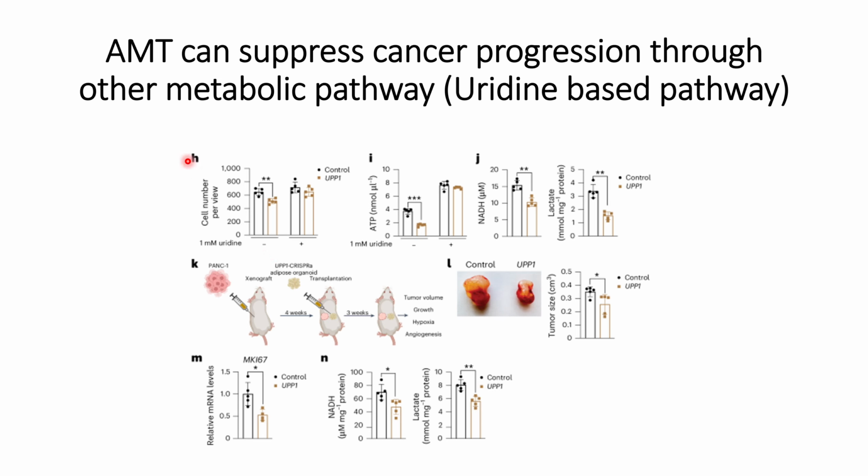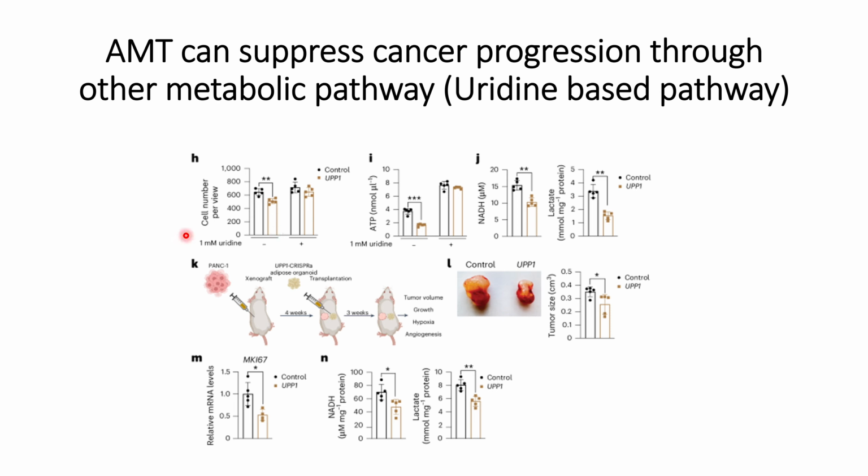So when they co-cultured those manipulated adipose with the tumor cells or the pancreatic cancer cells, they are able to see that in the case where tumor cells are co-cultured with adipose with UPP1 gene upregulations, the number of cells goes down compared to the control case.